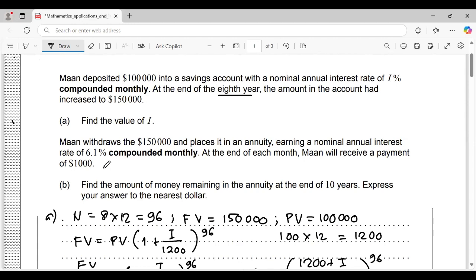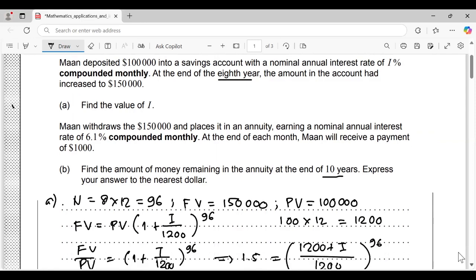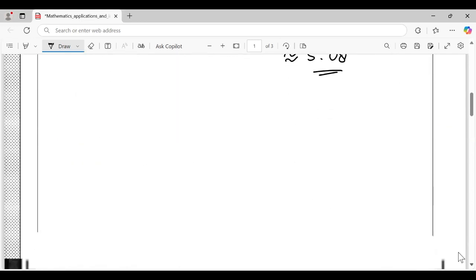Find the amount of money remaining in the annuity at the end of 10 years. 10 years means 10 times 12, 120 months. Express your answer to the nearest dollar.